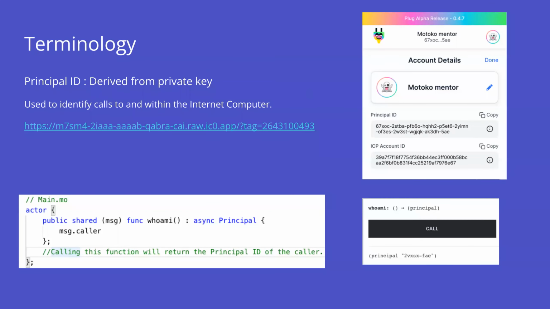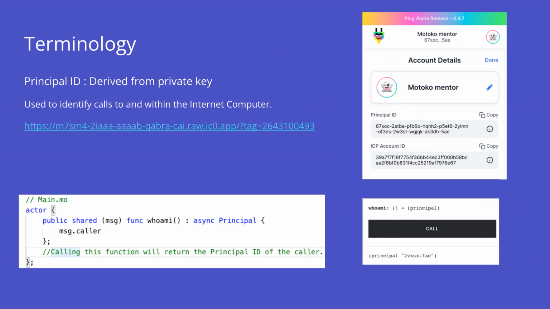So one thing that is confusing about the ledger is the difference between a principal ID and your account identifier. So I first wanted to get that done. If you're using Plug and you open your account details, you see this principal ID string, which has these hyphens in there, and the account ID, which is just a bunch of numbers and letters.